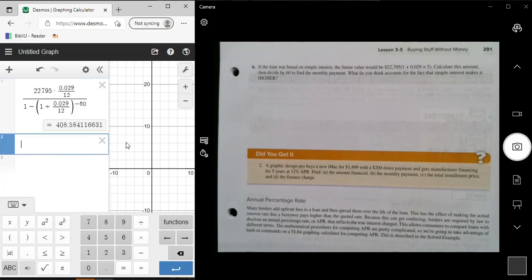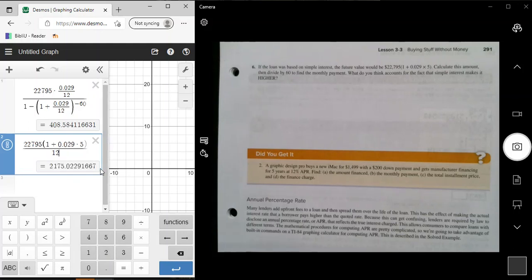Okay, let's take this formula here, 22,795. Then we have our parenthesis, 1 plus 0.029 times 5. Then we will close our parenthesis. Now, they tell us here that we need to divide this by 12.